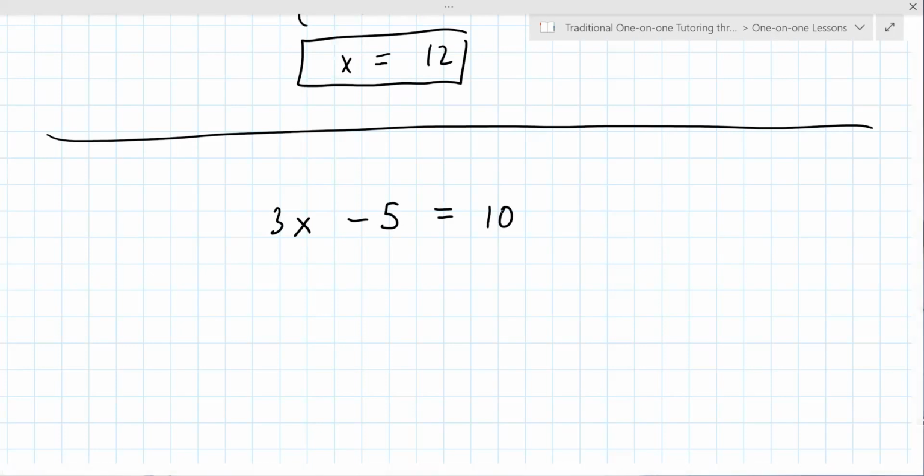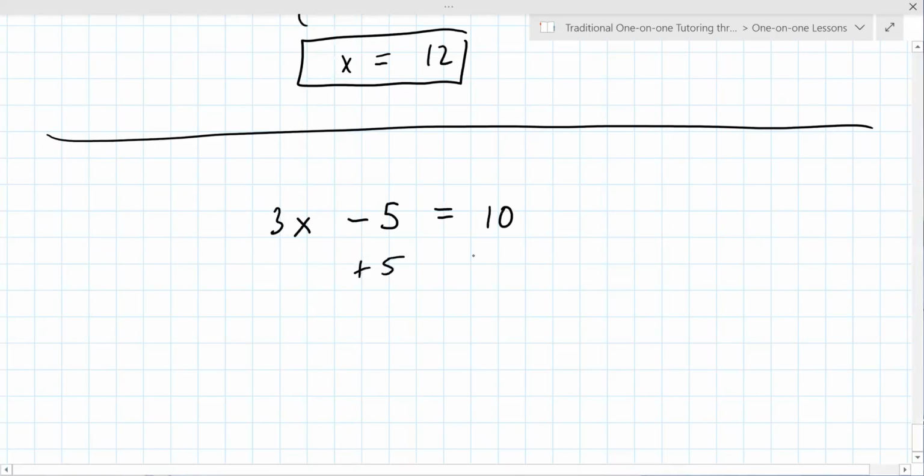Okay, I'm gonna be doing that. x equals 5.